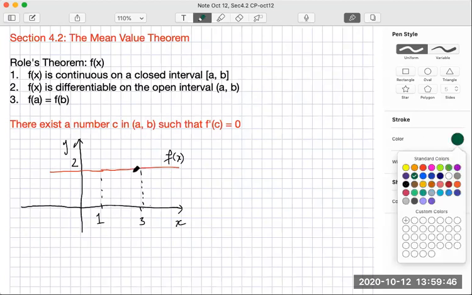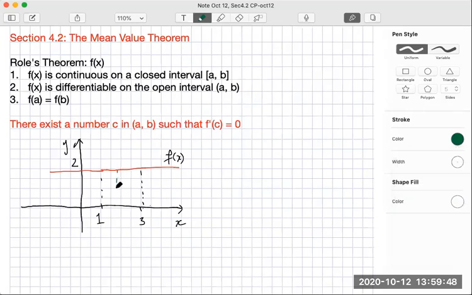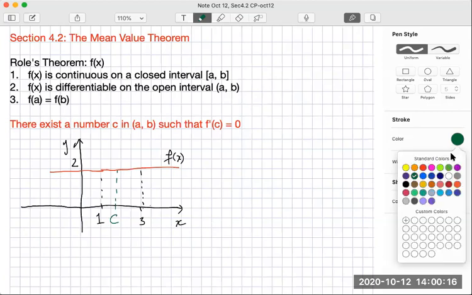In this case, the number c would be any number between 1 and 3, right? And we see that the derivative of that is 0. Slope is 0. Is it clear? Do you have any question? Okay, just apply the theorem, right?